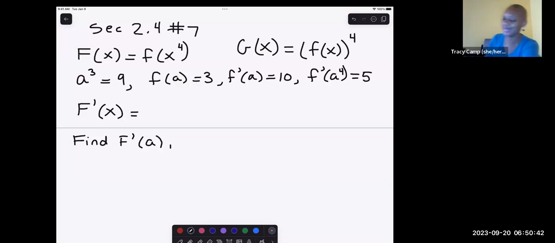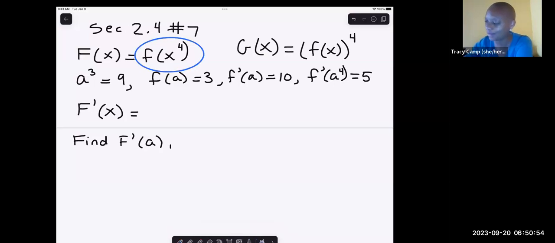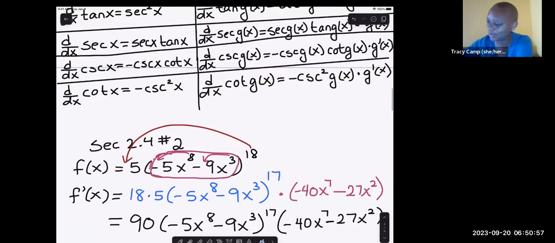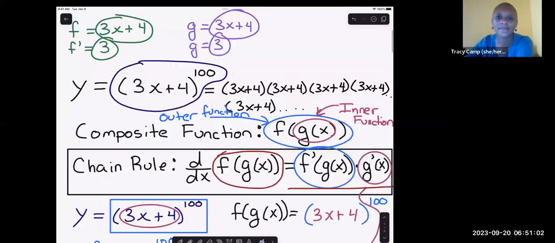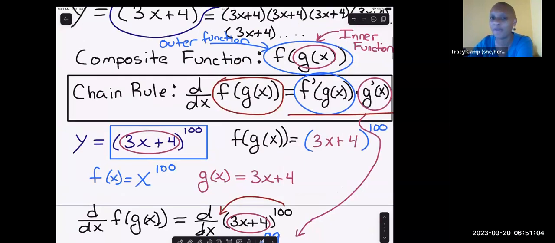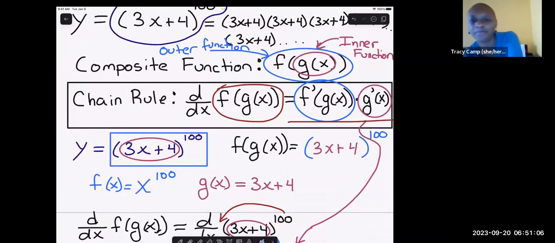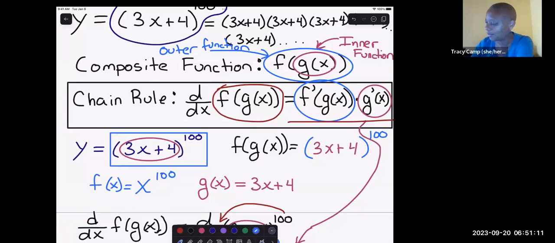We're told that big F of x is equal to little f of x to the 4th. Chain rule says, notice this is f of g of x, so the derivative is f prime of g of x, what I have circled in blue, times the derivative of g, or g prime of x.